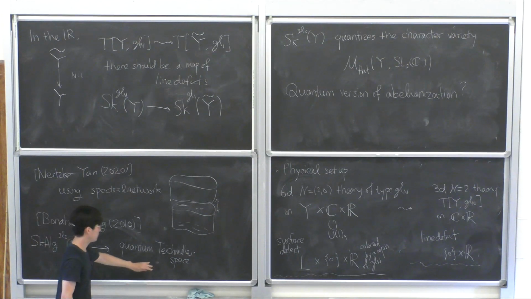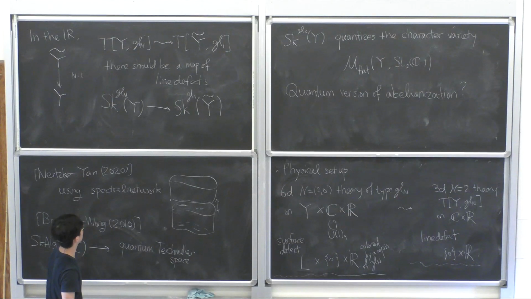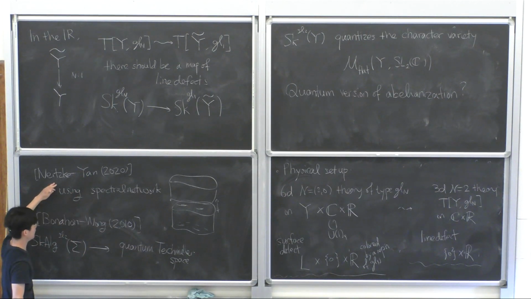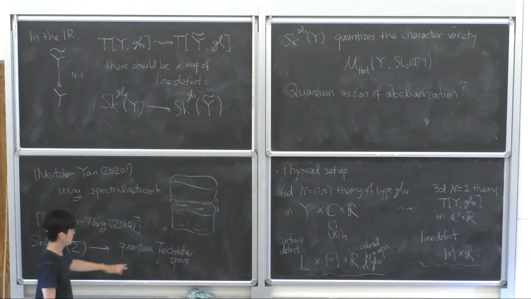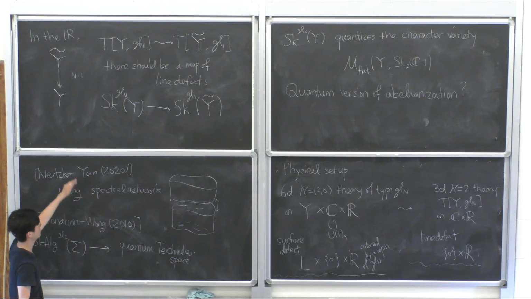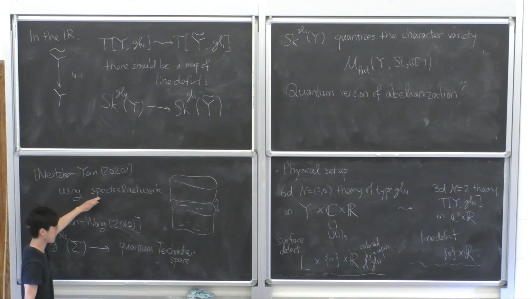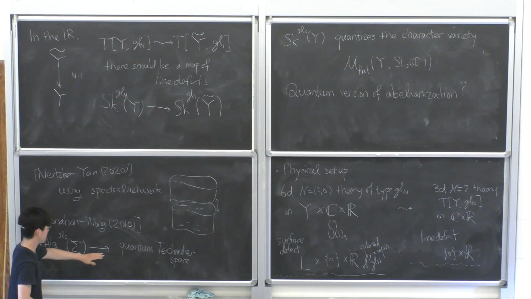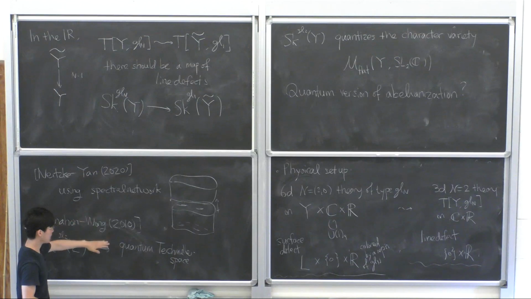And in fact, at least in the Andy and Fei paper, they conjectured that this map is basically equivalent to the map they constructed using spectral networks. I should emphasize that this map of Bonahon and Wong is purely topological or combinatorial and does not use a spectral network.